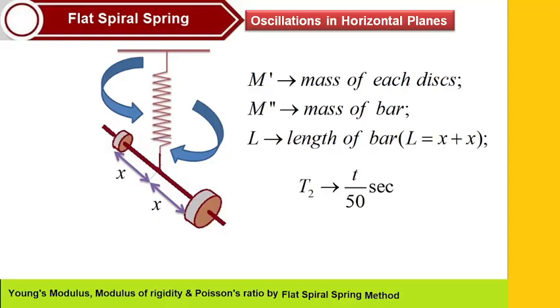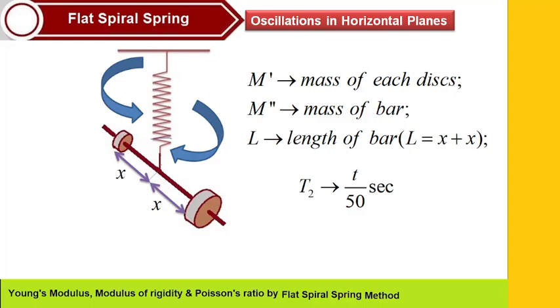One end of the spring is as usual fixed, while the other end is attached to a bar having length capital L, and that is divided equidistant in x and x.